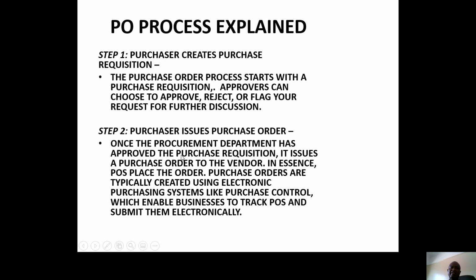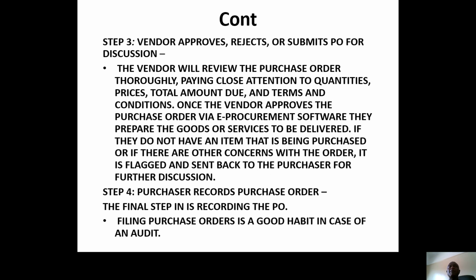The purchaser creates a purchase requisition. Step 2, purchaser issues purchase order. Step 3, vendor approves or rejects your purchase order. All right. The vendor will review the purchase order thoroughly, paying attention to all the details, quantities, prices, total amount, terms and conditions linked to that purchase order.